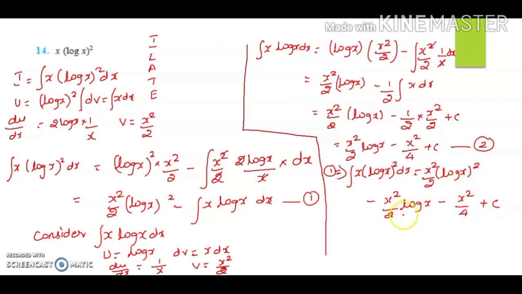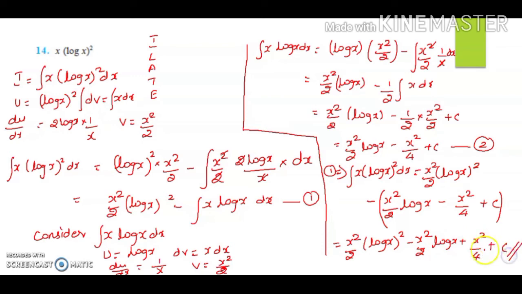Minus is common for x square by 2 log x and x square by 4. So let us put the bracket. So this is equal to x square by 2 log x the whole square minus x square by 2 log x, minus into minus gives plus, x square by 4 plus c is the answer.